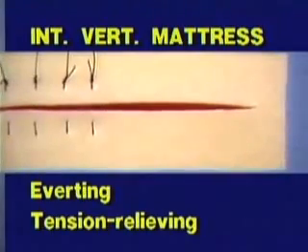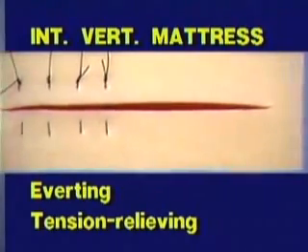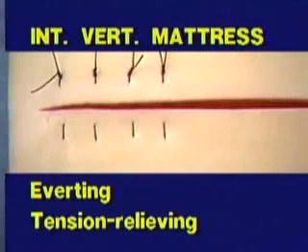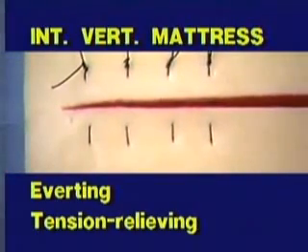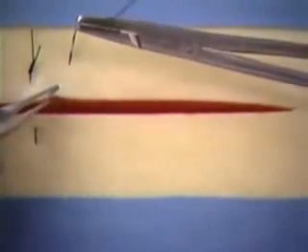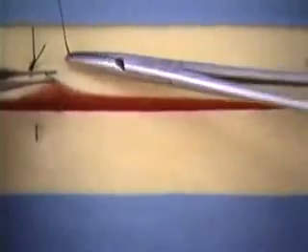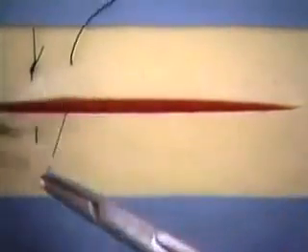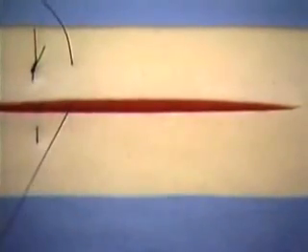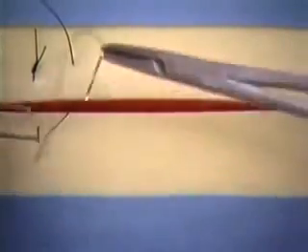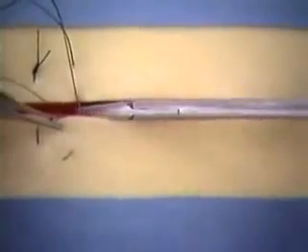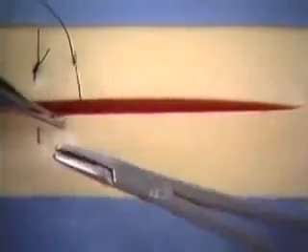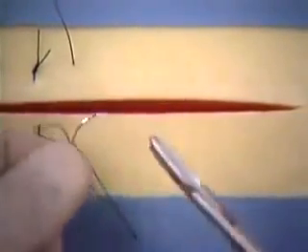The eighth pattern to be demonstrated is the interrupted vertical mattress suture. This is an everting and tension relieving suture pattern. The vertical mattress suture is introduced 8 to 10 millimeters from the incision on one side, passed across the incision line, and made to exit an equal distance on the opposite side of the incision.